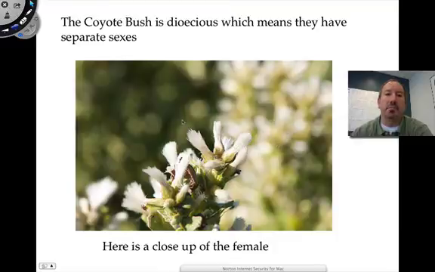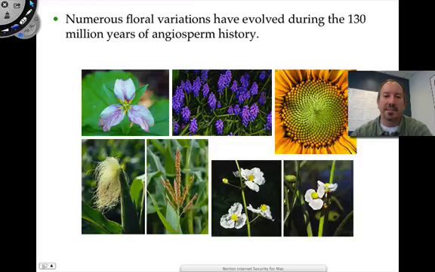It's called coyote bush. It's found in chaparral along the coast, along the mountains. This happens to be a carpellate, because you can see these flowers are just female. So it's dioecious. It's a girl coyote bush. And look at all the different kinds of flowers that have evolved over the last 130 million years of angiosperm history.